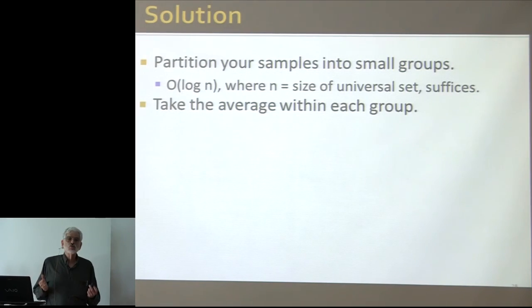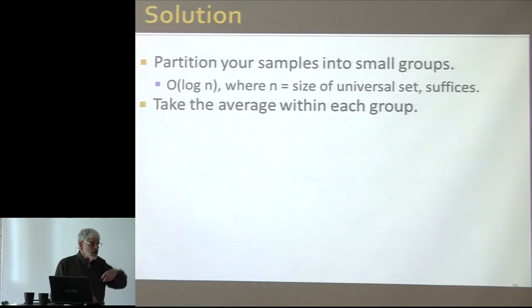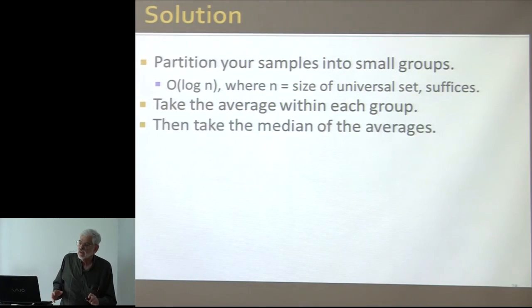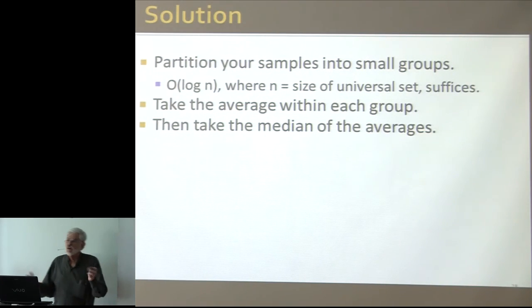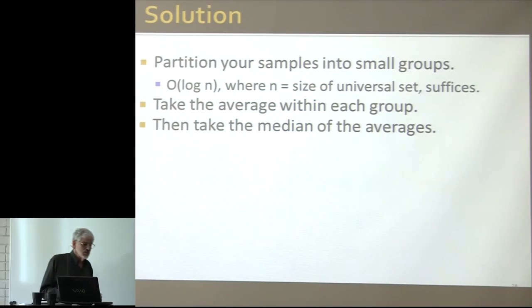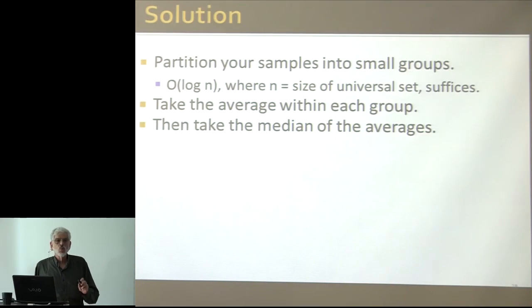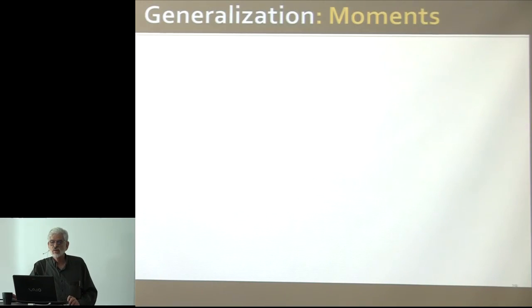You take the average within groups. If a group happens to have an outsized large element, it will give you a way too large average. But that's okay, because then you're going to take the median of the averages. And the chances of a lot of groups having very, very annoyingly large elements is small enough that it won't affect the median. So you take the median of the averages and you're okay.